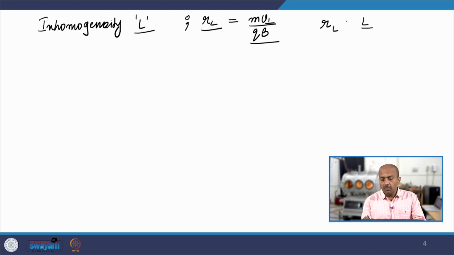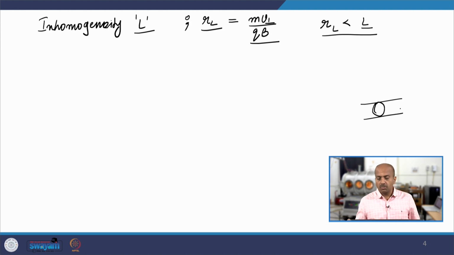That means, as long as the particle is gyrating in a single orbit, the magnetic field can be assumed to be constant within that gyration length or the diameter. So, this is one important assumption that we make in order to proceed further.